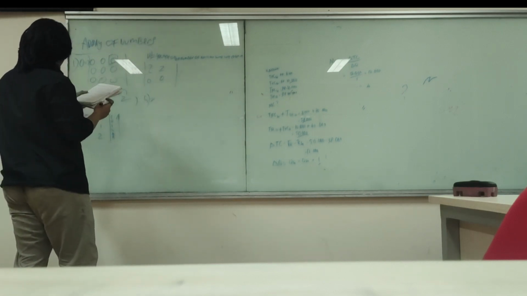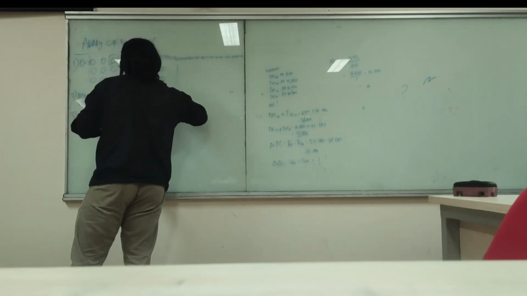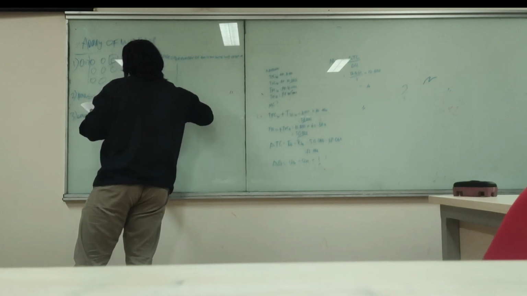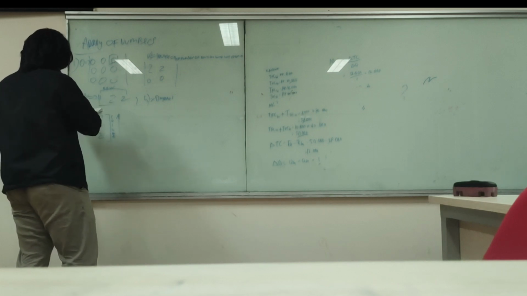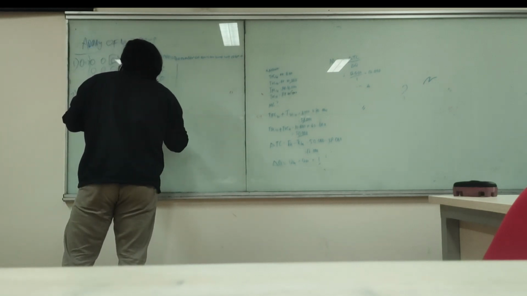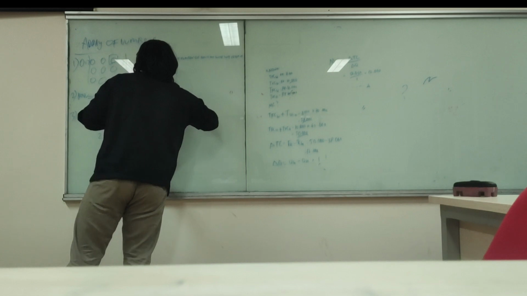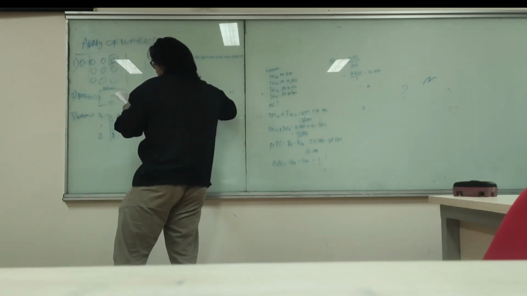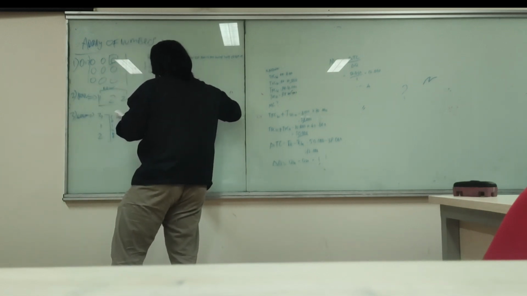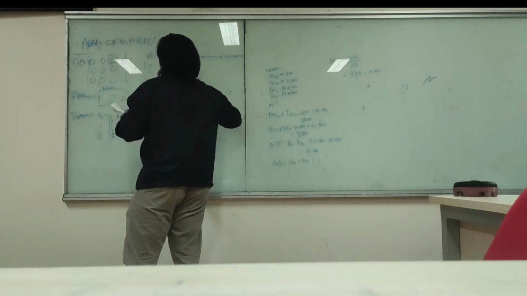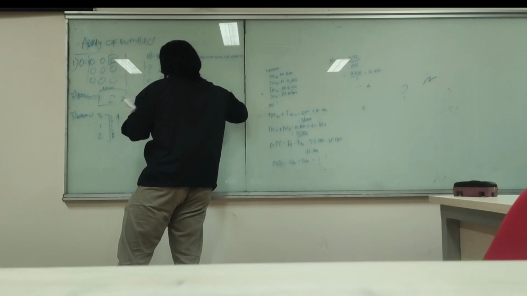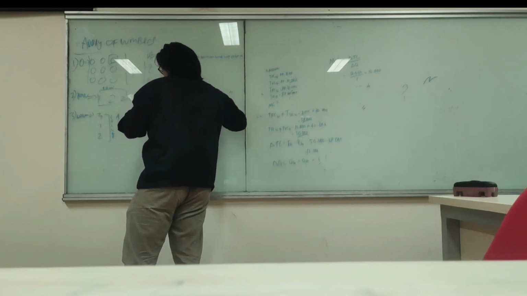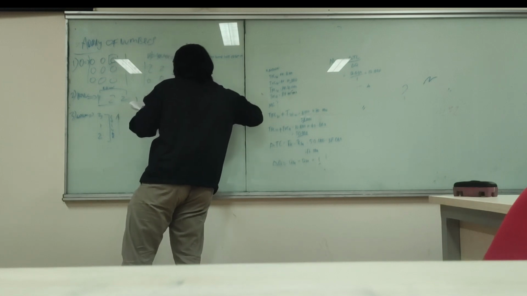we have diagonal. All elements in this type of matrix are 0 except for the diagonal ones.